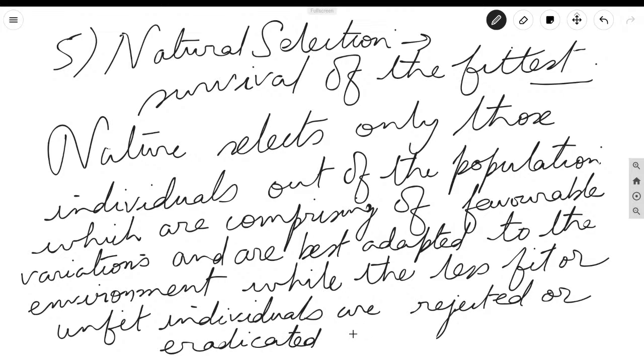Eradication of the weak by nature. That's how nature keeps the population under check.